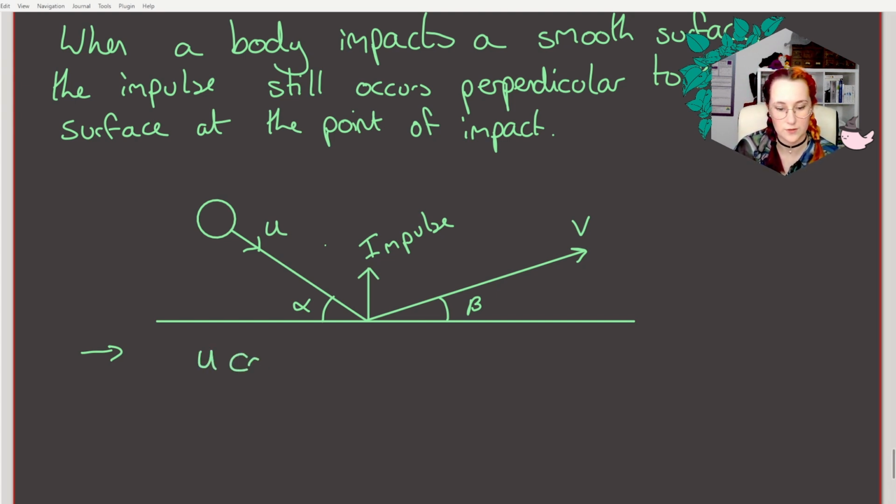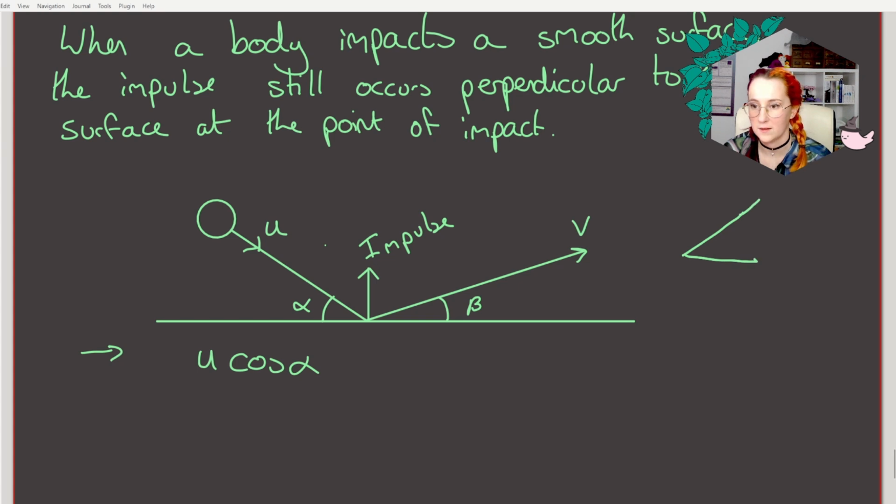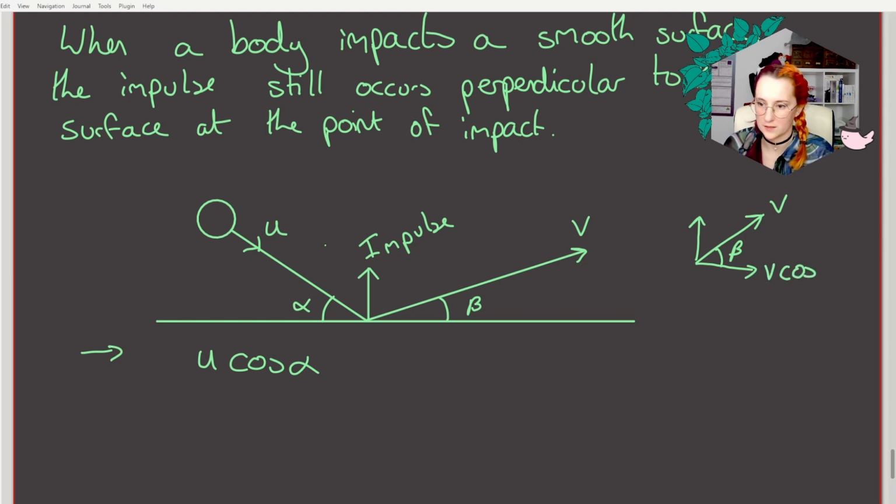We have u cos alpha. And then again, when it's moving upwards, so this is coming from the fact that here we have v, we have beta, no, how do we do this again? It's like that. So if that's v and that's beta, then the one adjacent to it is v cos beta, and the one not adjacent to it is v sine beta.